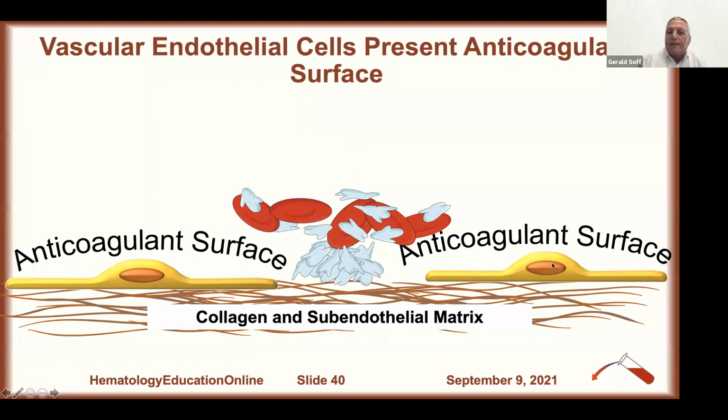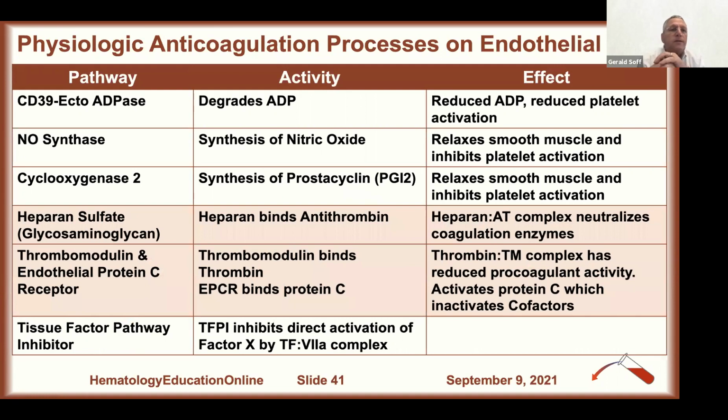But where the endothelial cells are intact, you do not want the blood to clot. So the endothelial cells are the adjudicators, so to speak, on whether the blood is going to clot or not. And there's a range of processes on intact endothelium that inhibit or actually reverse the procoagulant state.